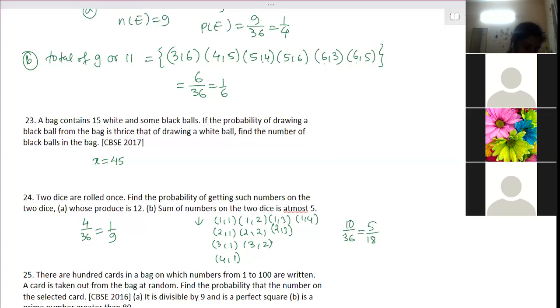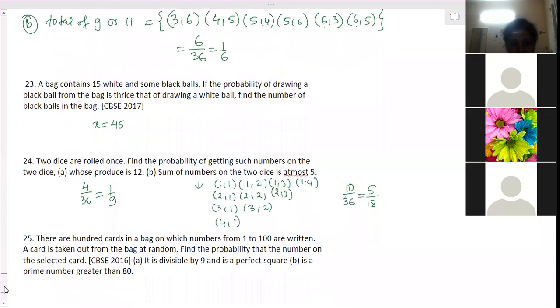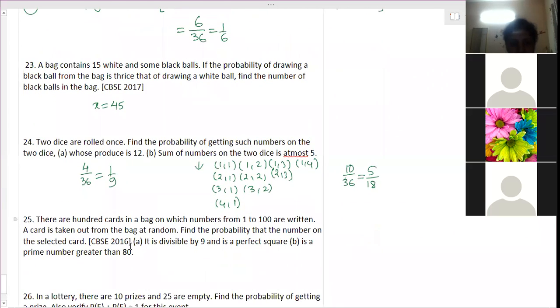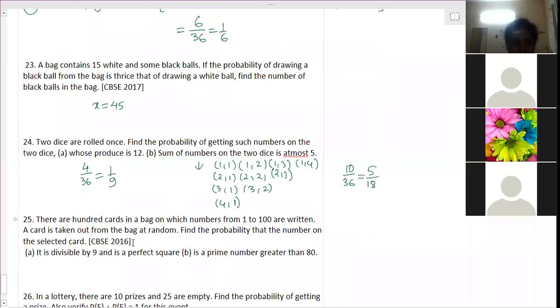Is this the last question? 25th one is there. There are 100 cards in a bag on which numbers from 1 to 100 are written. A card is taken out from the bag at random. Find the probability that the number on the selected card is divisible by 9 and is a perfect square.